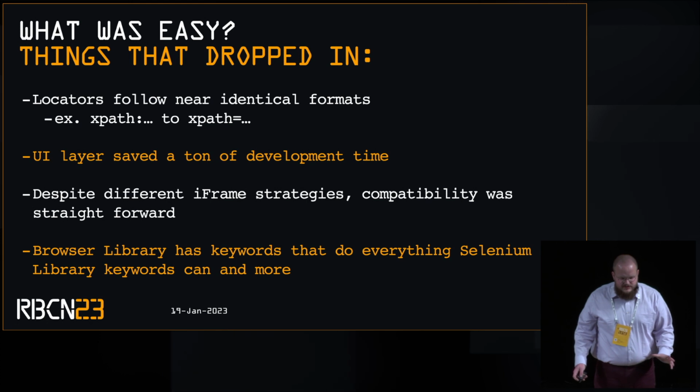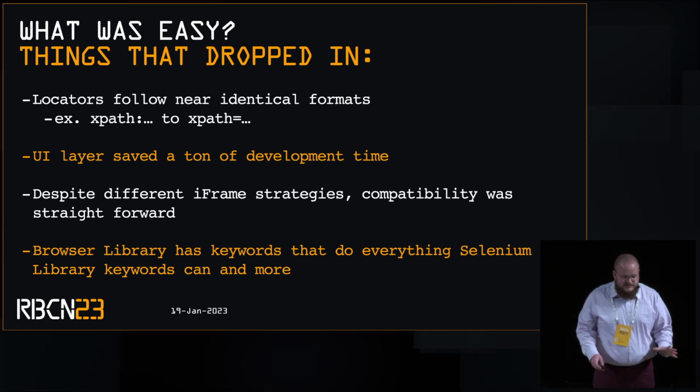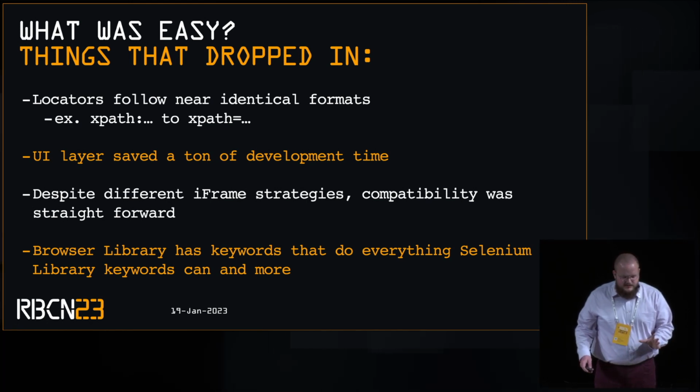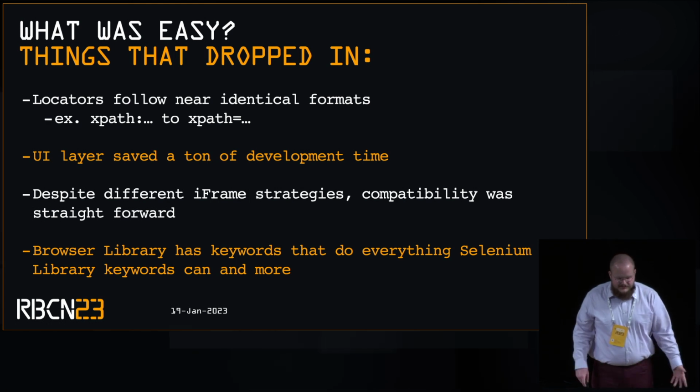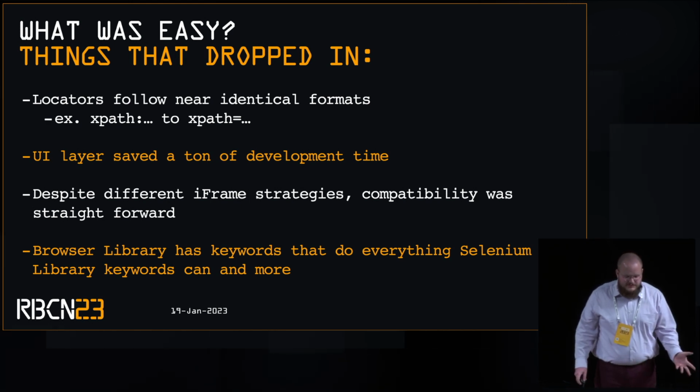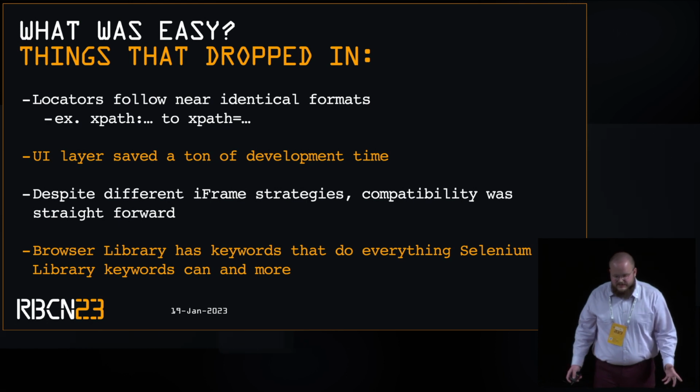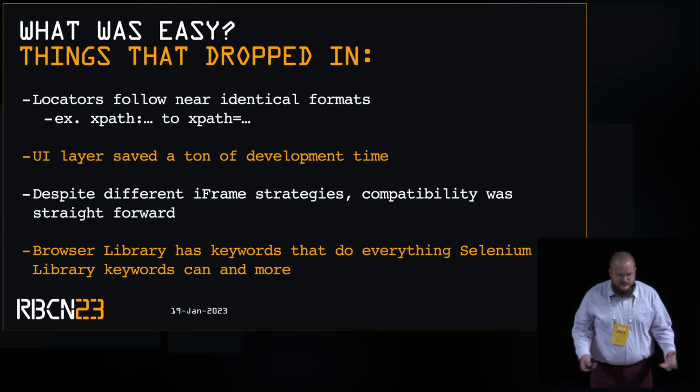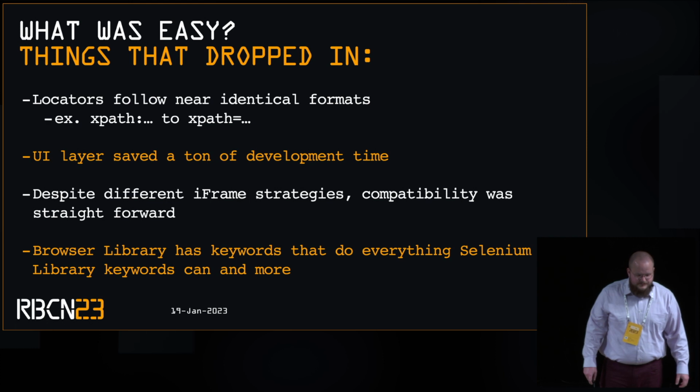The only difference between the two is that one uses a colon where the other uses an equal sign. So we simply have to do a text replace in order to get the locators to work in either implementation.